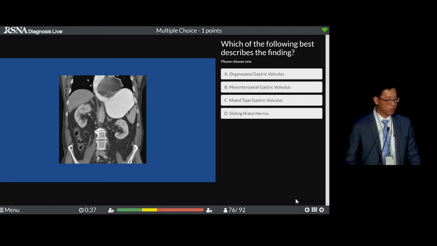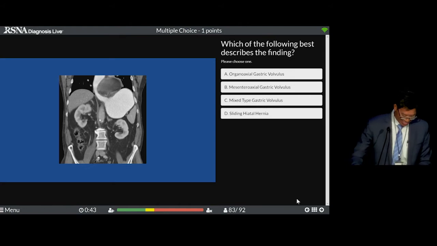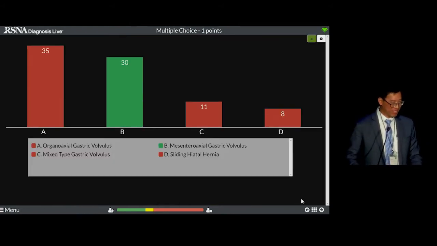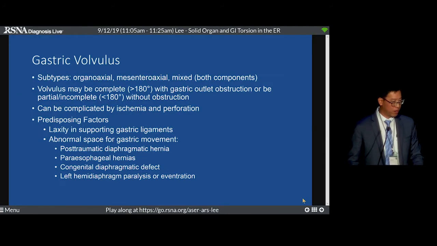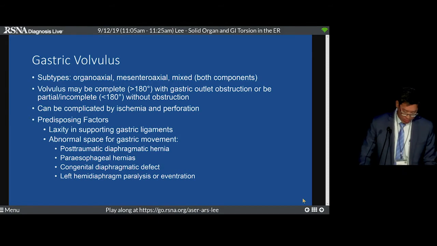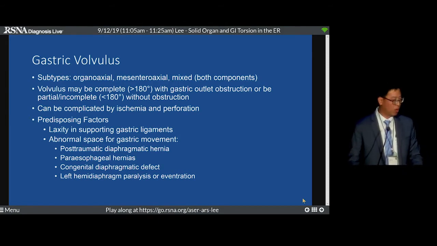Okay, and I think Dr. Melnick and I are sending mixed messages because most people are getting this wrong, so maybe I'm wrong. The correct answer is B, mesenteroaxial gastric volvulus, where the antrum rotates above the fundus and the GE junction along the short axis of the stomach. As you can see, there are three main subtypes of gastric volvulus that can all present with obstruction.